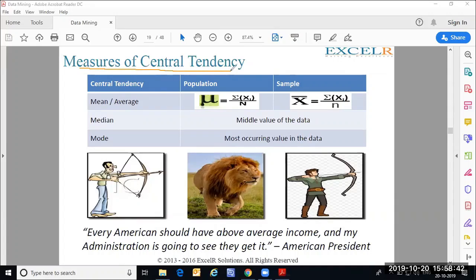As the name suggests, these measures talk about the concentratedness of the data, the centrality of the data. That's why it is called central tendency. The first measure we're going to look at is mean, or average.